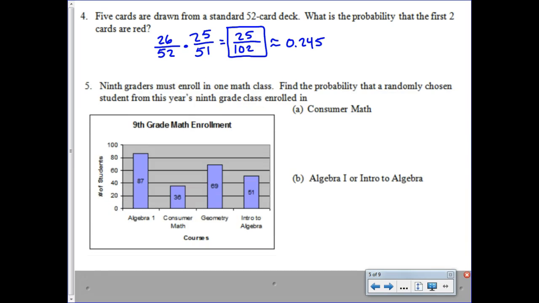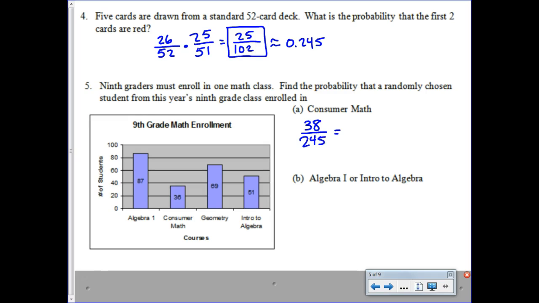All right, 9th graders must enroll in one math class. Find the probability that a randomly chosen student from this year's 9th grade class enrolled in consumer math. So it looks like we have 38 students that enrolled in consumer math out of a total of 87 plus 38 plus 69 plus 51 out of a total of 245.